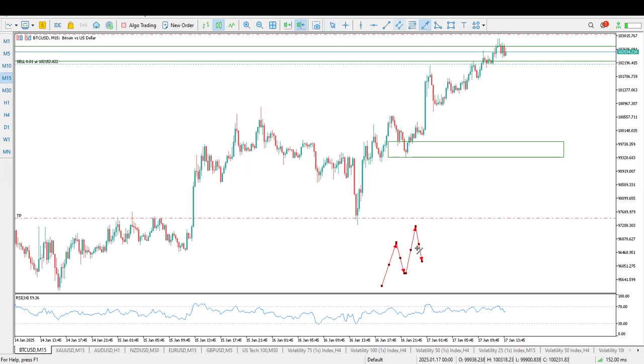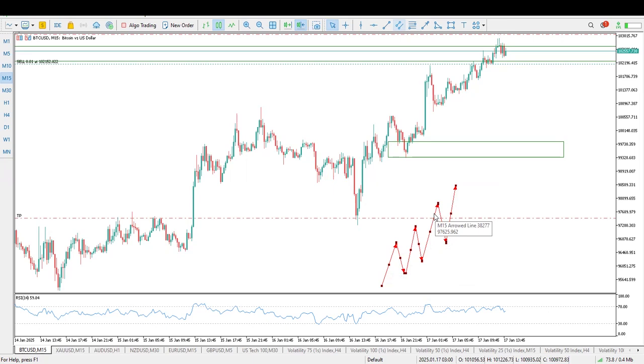Then we have higher high here. We have higher low. We have higher high. Meaning as the market keeps going higher, we keep forming higher low. Now, have you noticed that as the market is forming higher high, higher low, higher high, higher low, higher high, higher low, higher high, the market is moving upward?